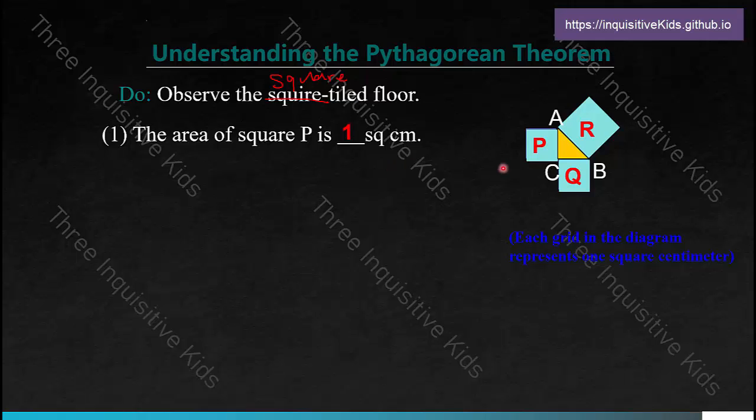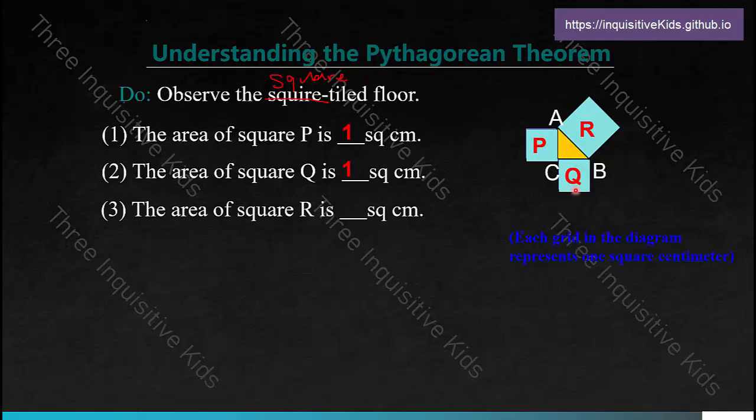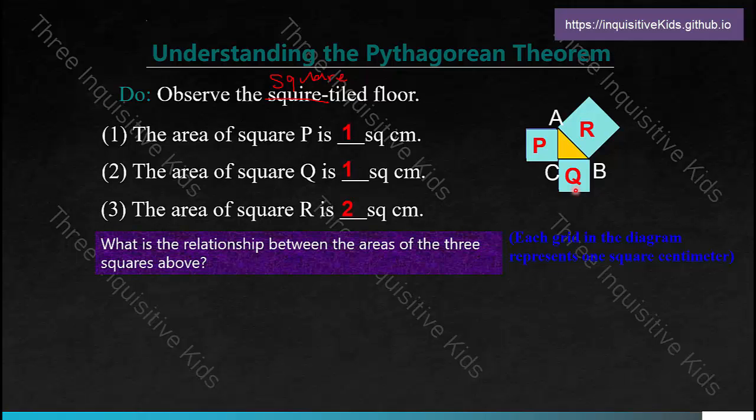So the area of square P is 1 square centimeter. The area of square Q is 1 square centimeter as well. The area of square R is 2 square centimeters. So what is the relationship between the areas of the three squares above?